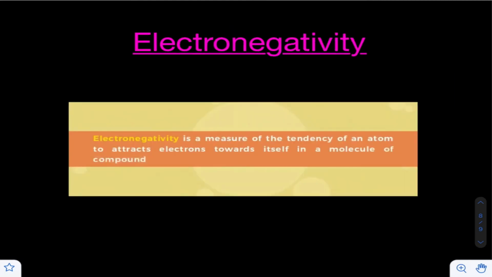Now come to property number 6, electronegativity. This property is also concerned with non-metals because it is concerned with the attraction of an electron pair in a molecule. Let's suppose I give you one example: hydrogen has 1 electron and chlorine has 7 electrons in its outermost shell.